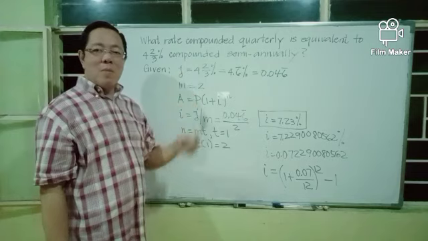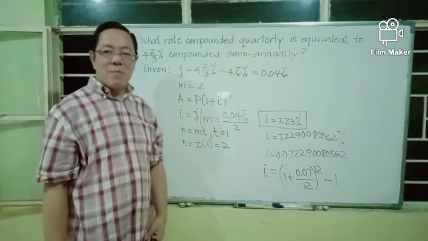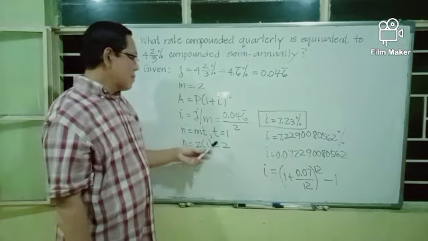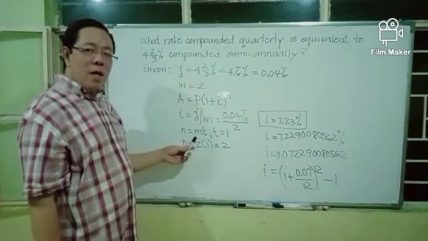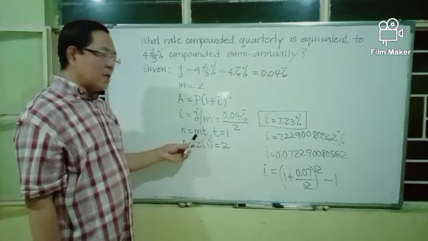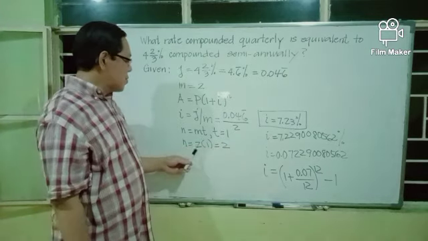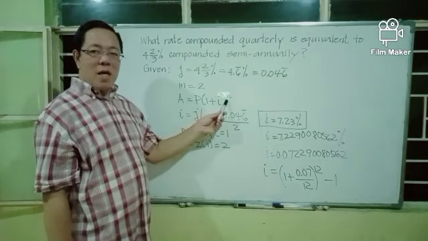But again, in this problem, the time is not given, and as I said earlier, if time t is not given, you let t be equal to 1 year. So we let t equals 1, and we compute n. m multiplied by t, m is 2, and t is 1. 2 multiplied by 1 equals 2. Thus, the exponent n is 2.